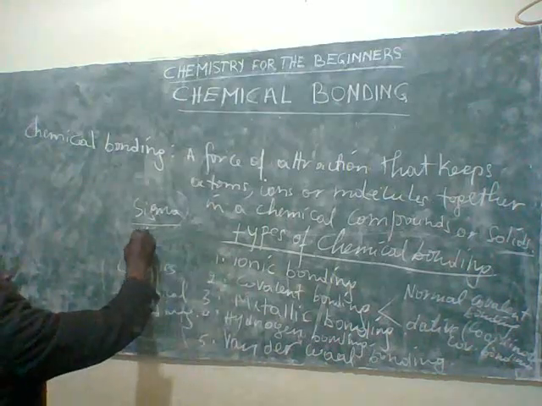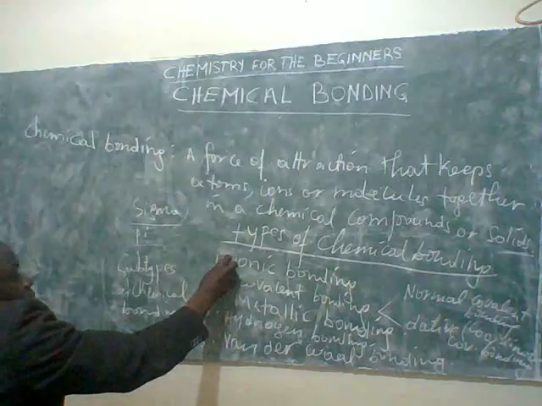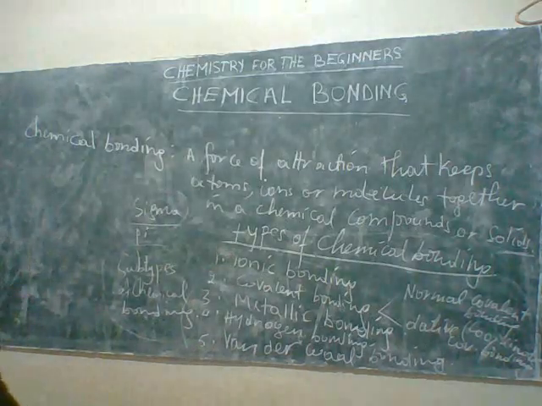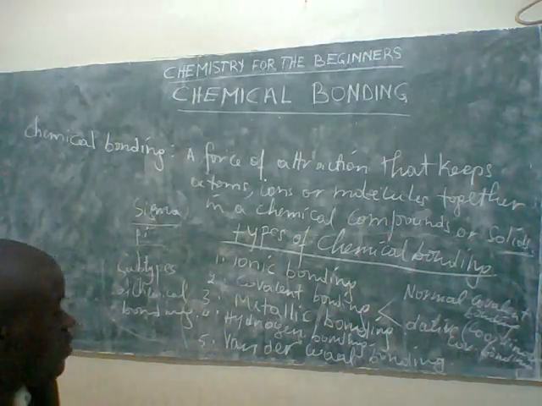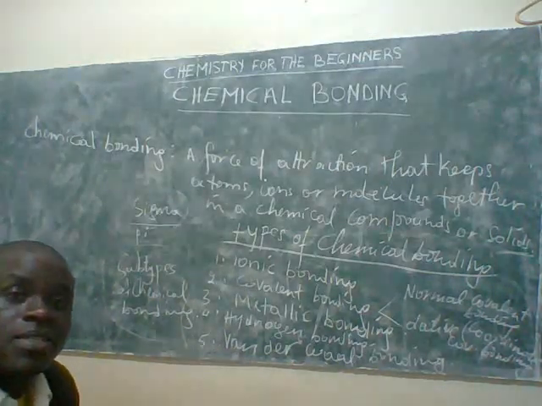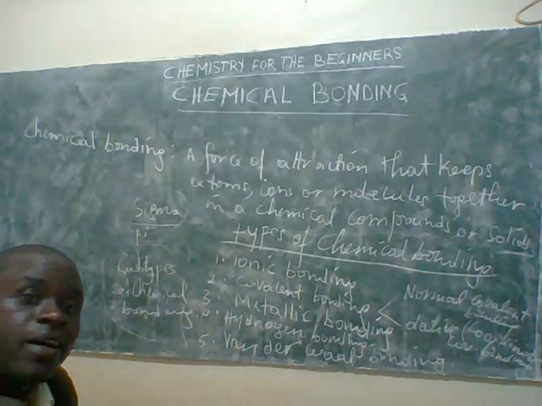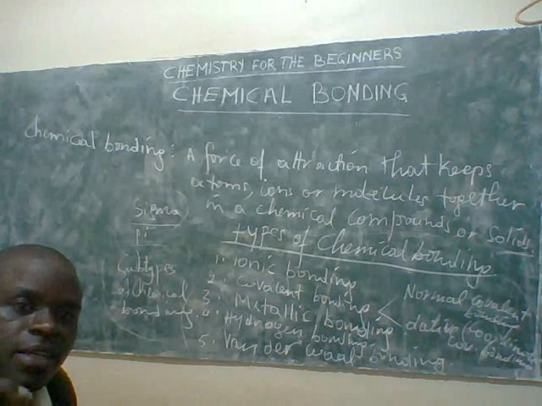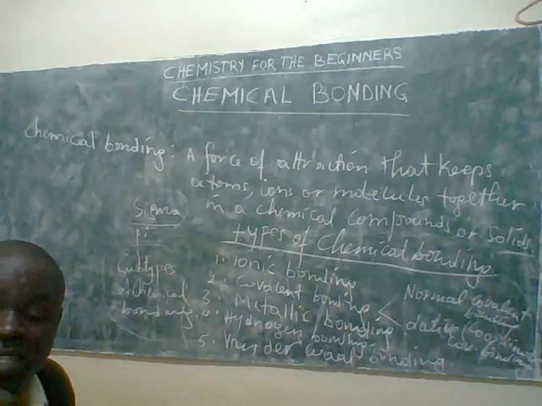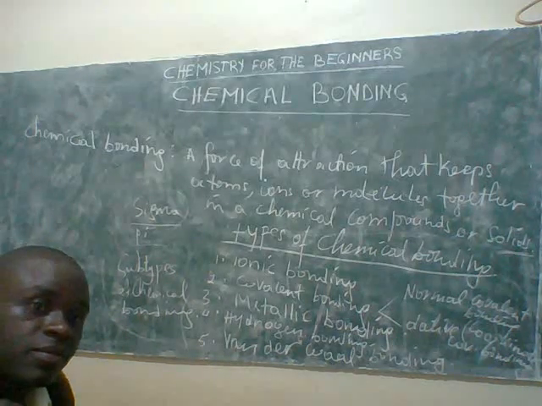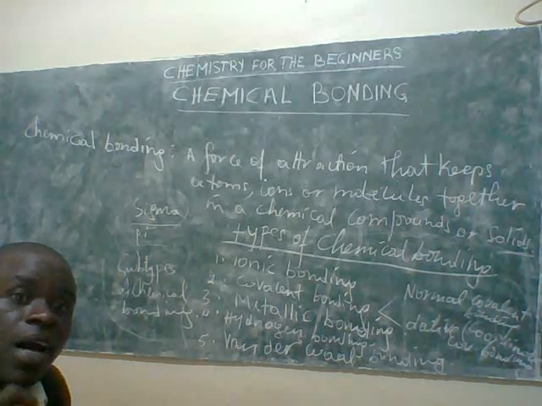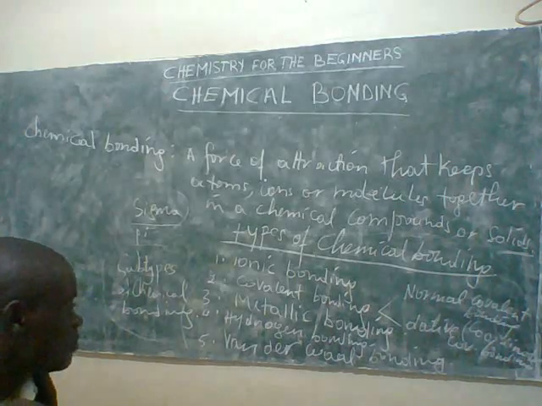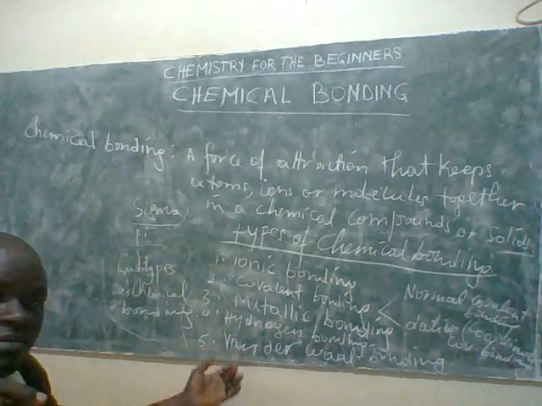Covalent bond has many subtypes, and ionic bonds. But when we go to van der Waals bonding, we can find others like London dispersion bonding, or dipole bonding. We find them here.